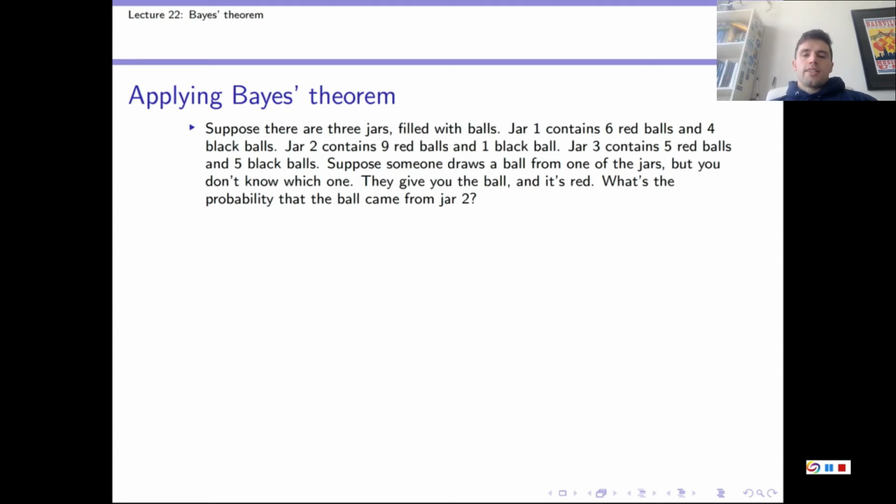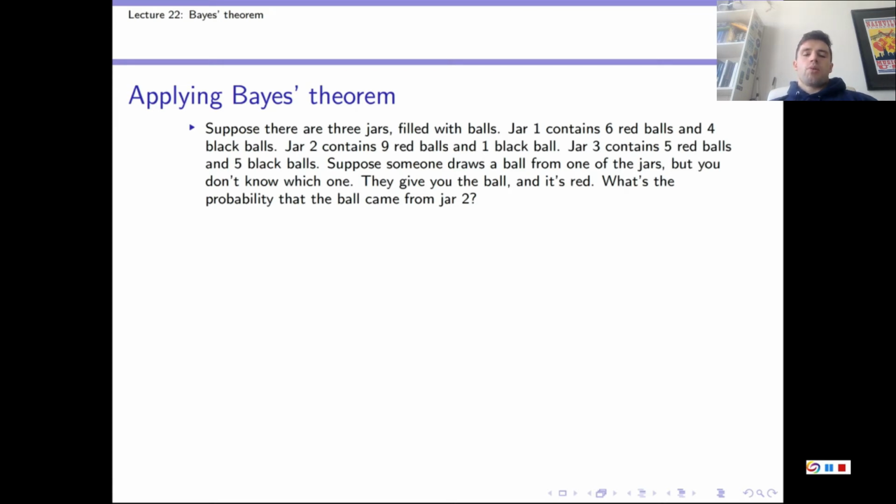Jar 2 contains 9 red balls and 1 black ball, and jar 3 contains 5 red balls and 5 black balls. Suppose someone draws a ball from one of the jars, but you don't know which jar they've drawn it from. They give you the ball, and you look at it, and you see that it's red. And then the question is, what's the probability that the ball came from jar 2?